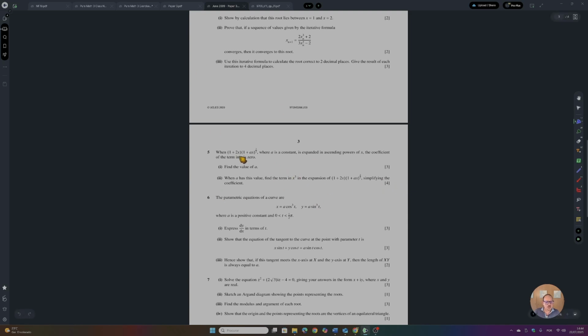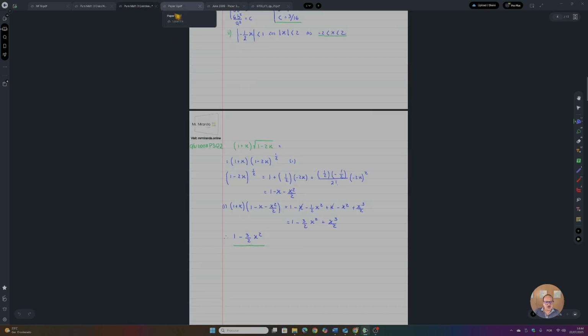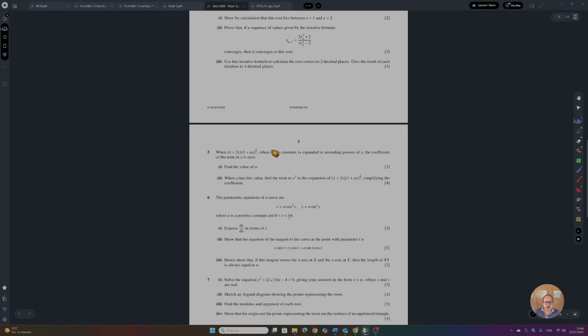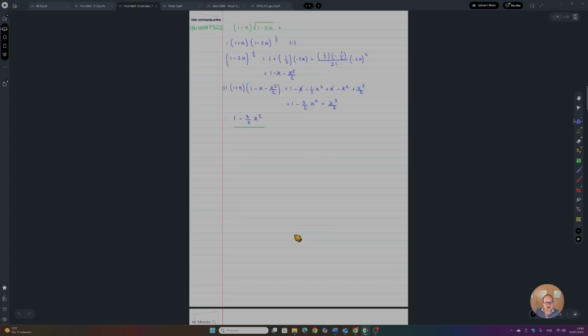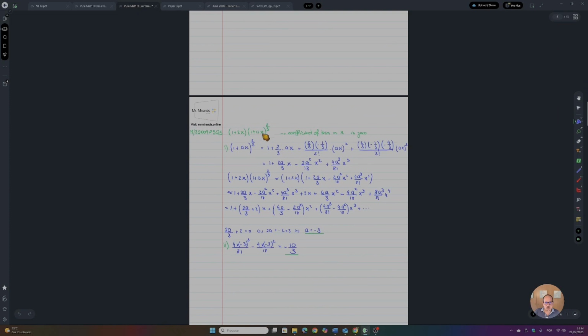Why did I read the second part? Because if it was just for the first question, if I'm just looking for the coefficient of the term in x, all I needed was to expand this on the first 2 terms, right?